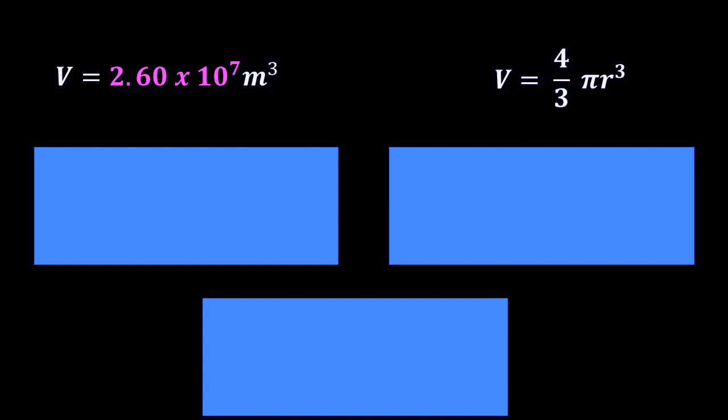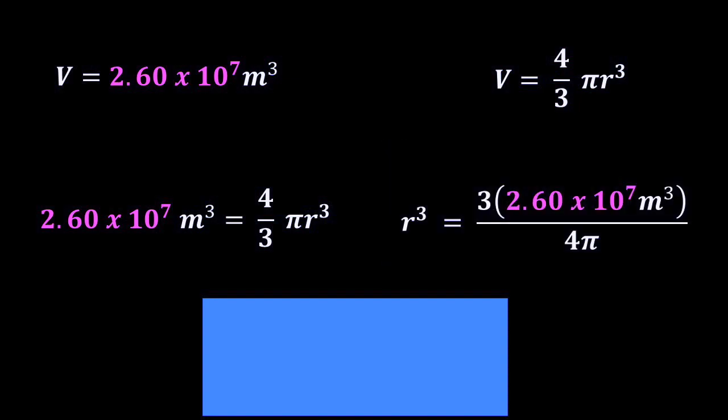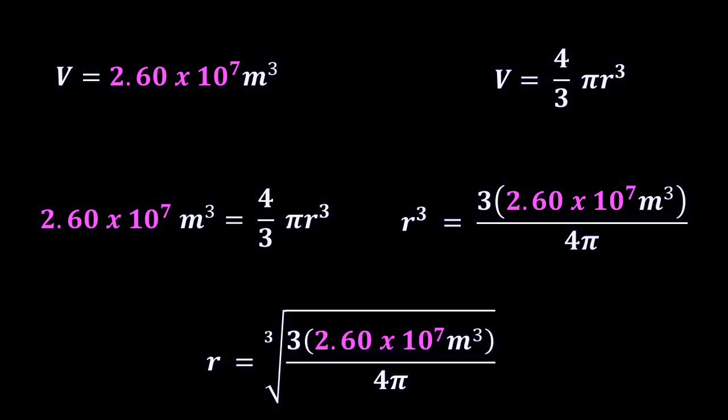We know that the volume of a sphere is 4/3 pi r cubed, and we rearrange the equation to solve for r cubed, then take the cube root of each side, and we get the cube root of 3 times the volume divided by 4 pi.